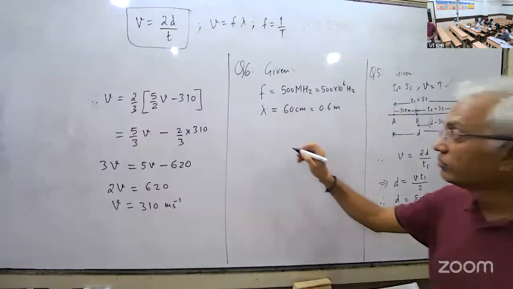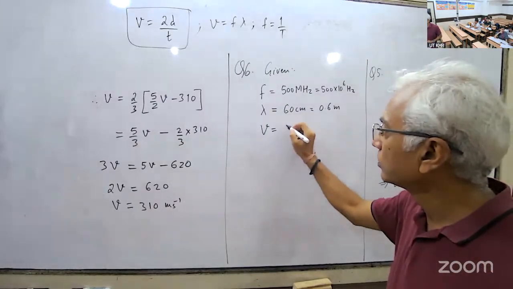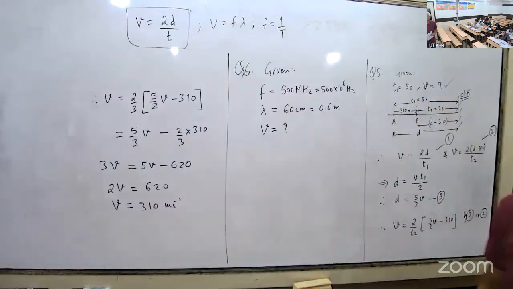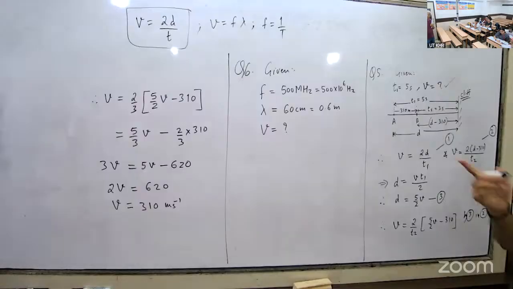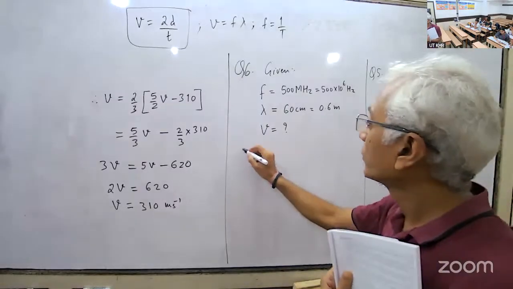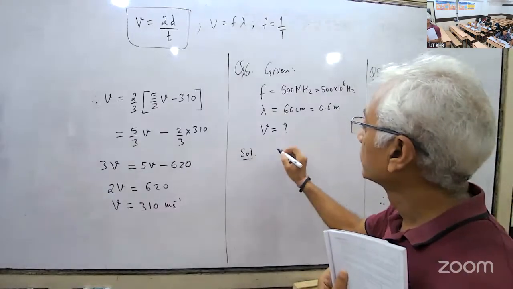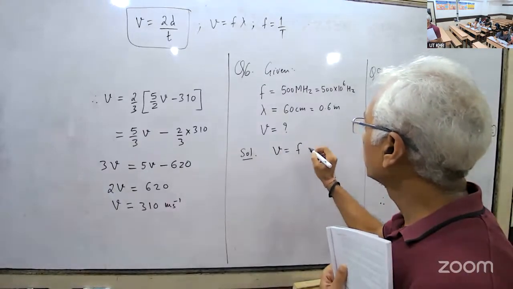You have to find the velocity. Now in the question it is given electromagnetic wave, so you should sense what the velocity should be, 3 into 10 raised to 8. Now you check whether it is 3 into 10 raised to 8 or not. So V is equal to what? F lambda.